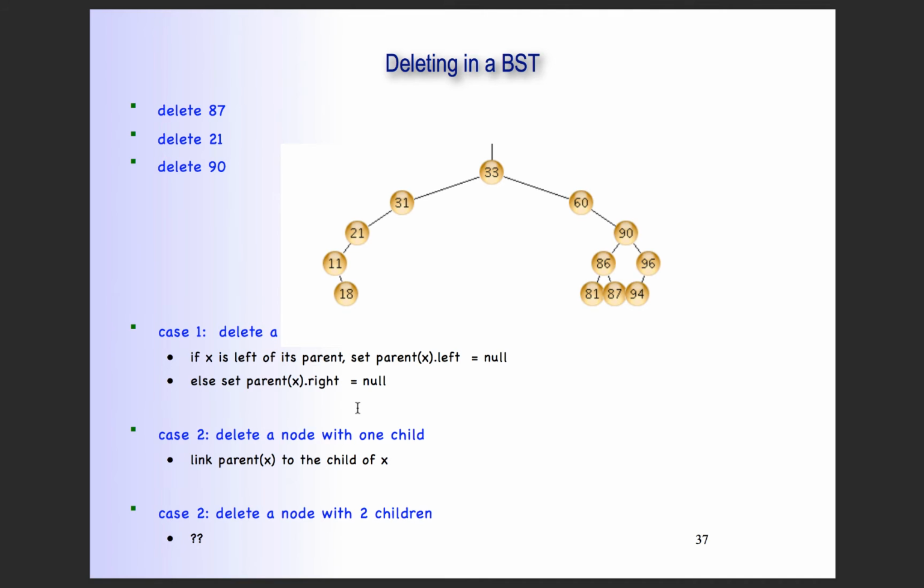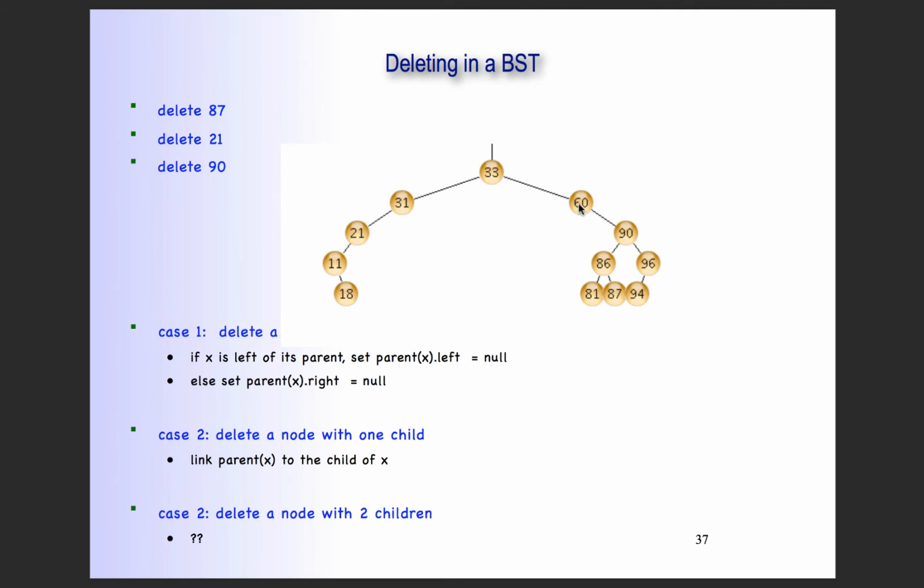Now the more complicated thing is if you want to delete a node that has two children. For example, you want to delete 90. If you want to delete 90, then you have to find out which node should be used to replace 90.